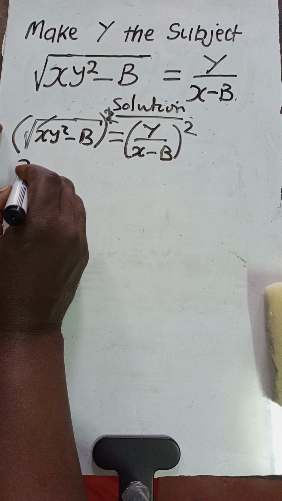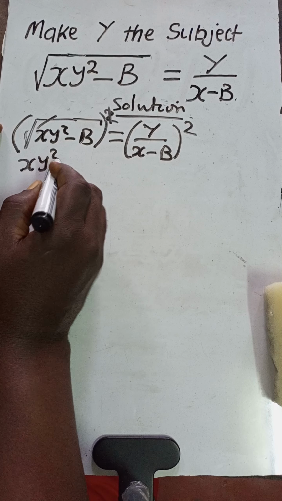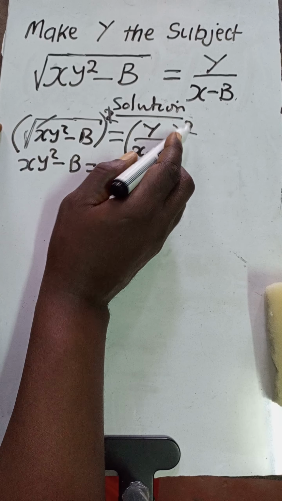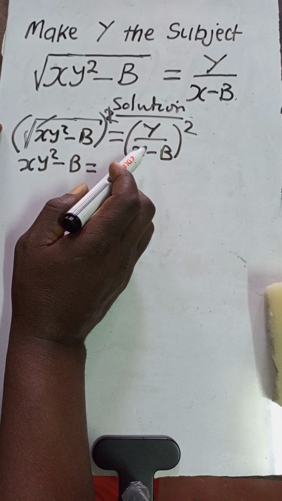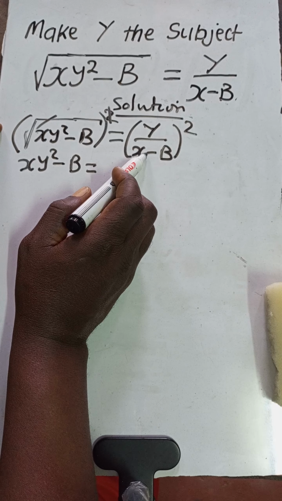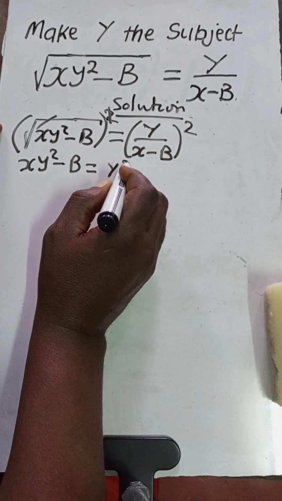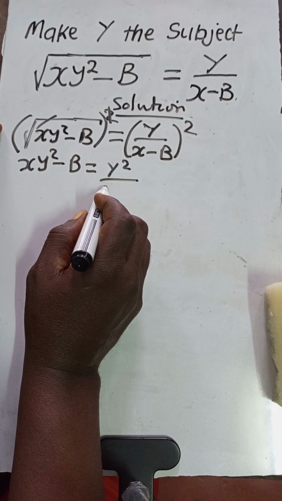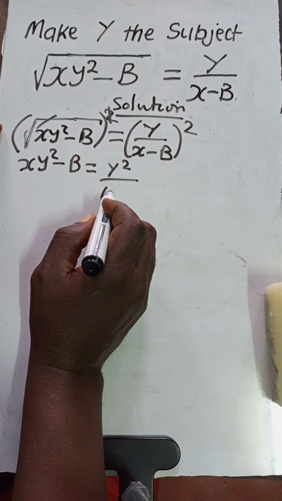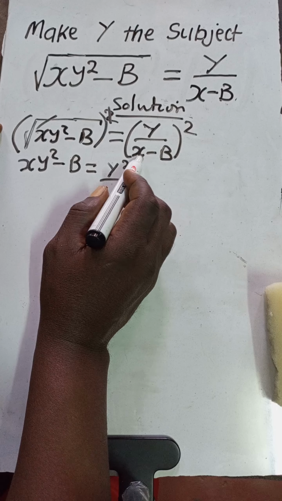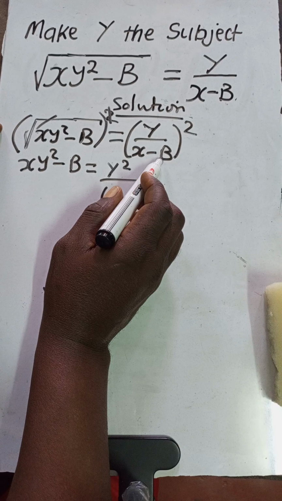And so we have xy squared minus b is equal to, this square will affect the numerator and the denominator. So we say y squared all over, and with the denominator, we should take note, the square affects the denominator as a single block, not separately.